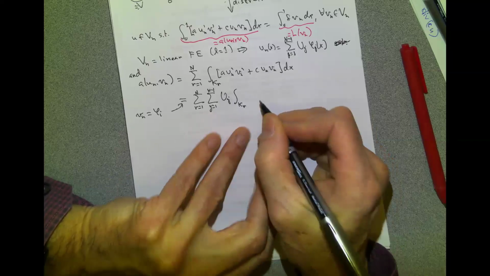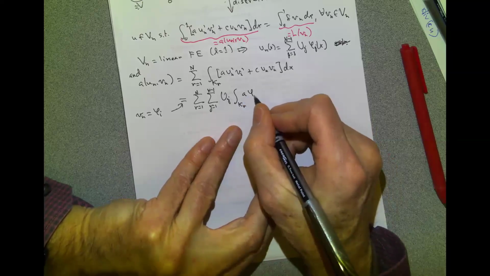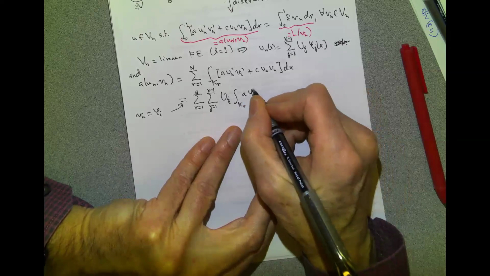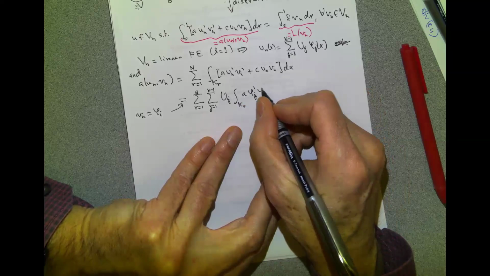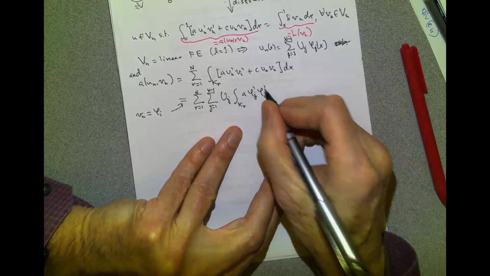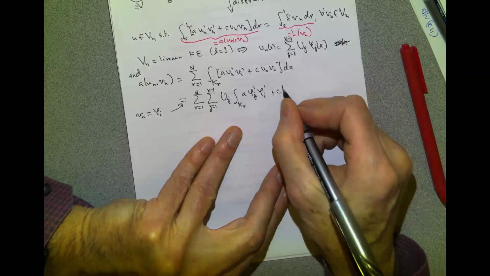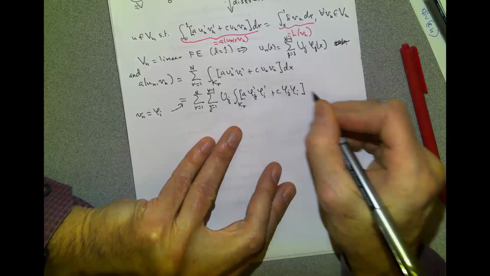K_r, and then it's going to be a phi_j' phi_i' this way prime plus c phi_j phi_i this way dx.